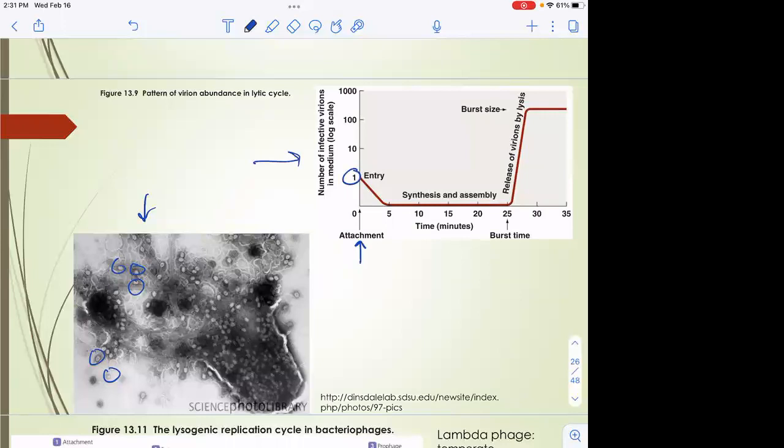It takes only about 25 minutes for all that synthesis and assembly to take place. And that's, again, in a bacterial cell. And then all at once, after about 25 minutes, we get somewhere around 100 to 200 bacteriophage bursting out of the bacterial cell. Okay, so all at once.